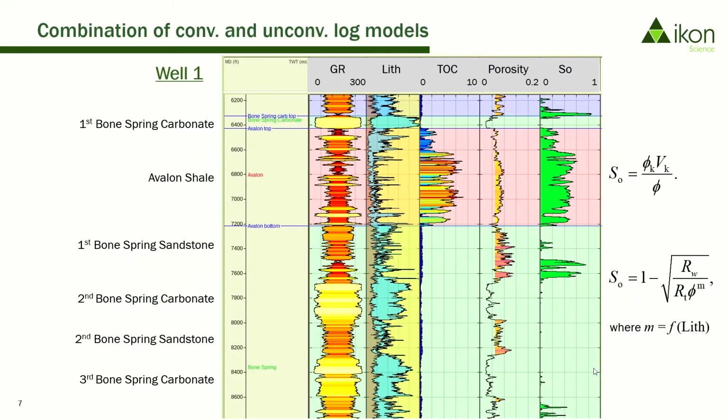So we go the next step further in well 1 and we compute the total porosity and oil saturation using a combination of organic shale and inorganic conventional lithologies, with workflows that are different between the conventional lithologies and organic shales.